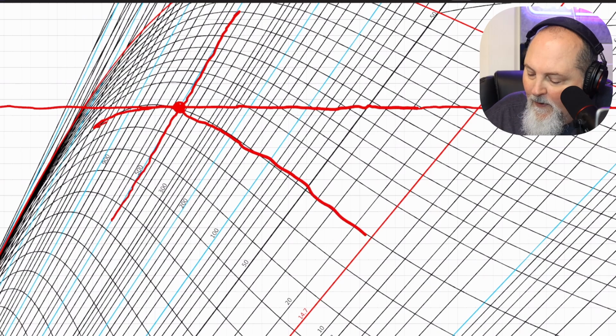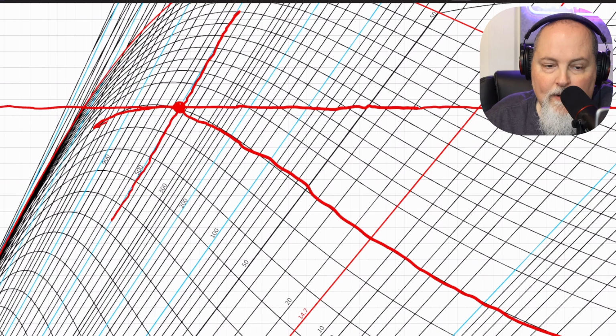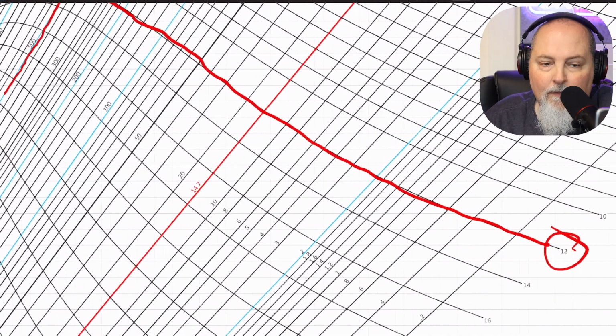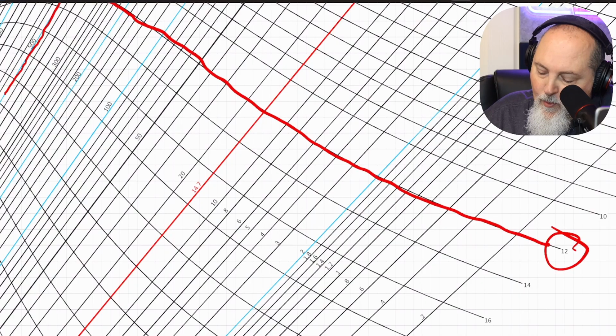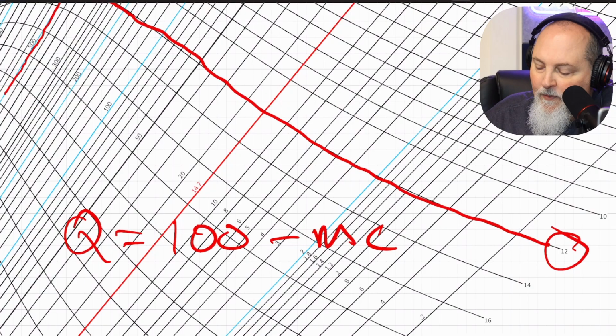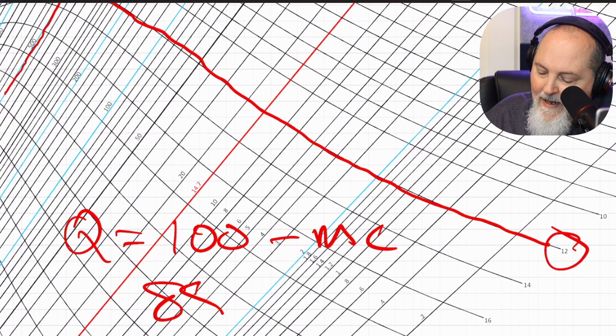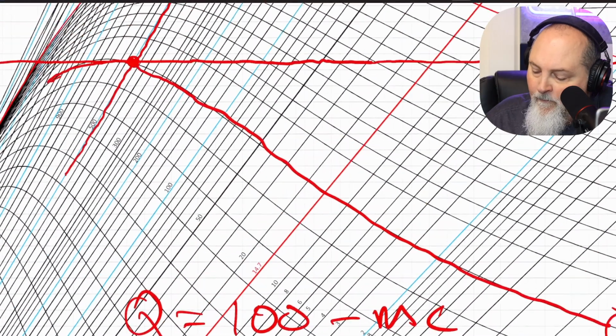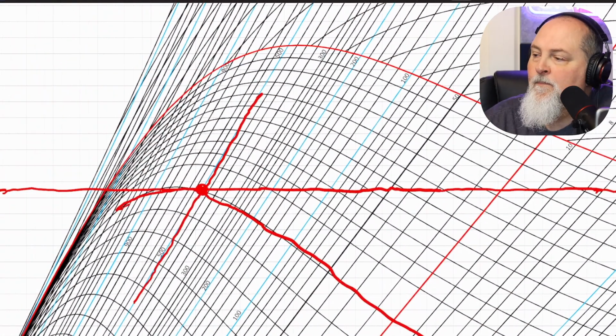And so we're going to follow that down to the right. Now look at that. We've got a moisture content of 12. And quality equals 100 minus moisture content. So that means 100 minus 12 is 88. And so we have quality equals 88. And that's how we find that on there.